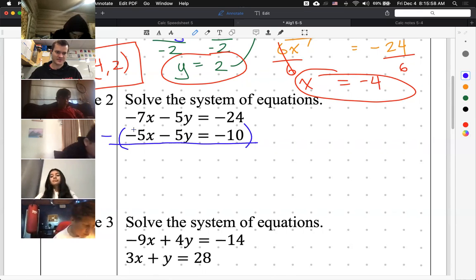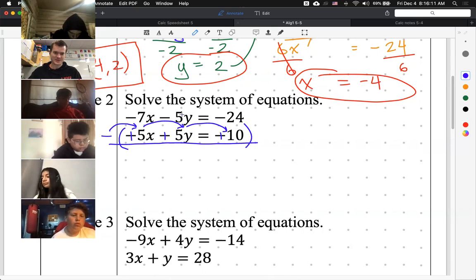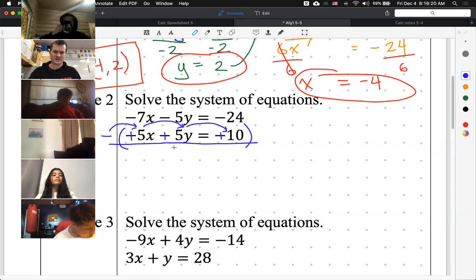So if I distribute a negative, it's essentially saying change the sign. If I distribute into here, I get a plus 5x. If I distribute into here, I get a plus 5y. If I distribute into here, I get a plus 10. And now I can just add them straight down because a -5y plus 5y is going to be a 0. So that's my trick for you guys. Whenever you subtract, just distribute the negative. You'll make errors far less often.